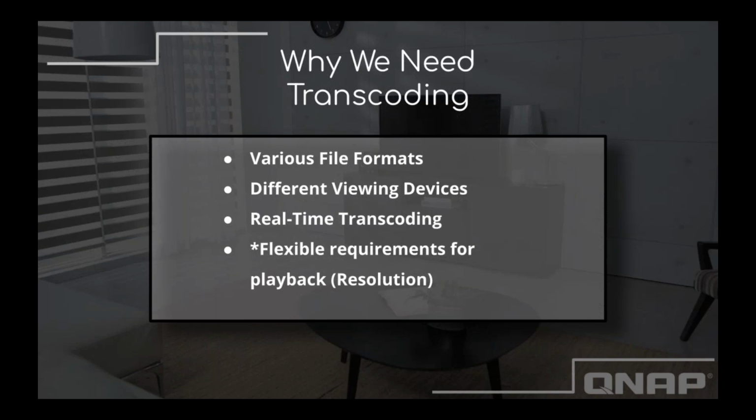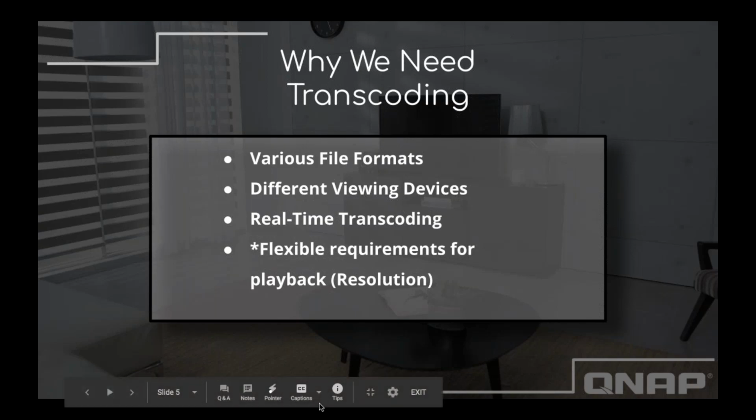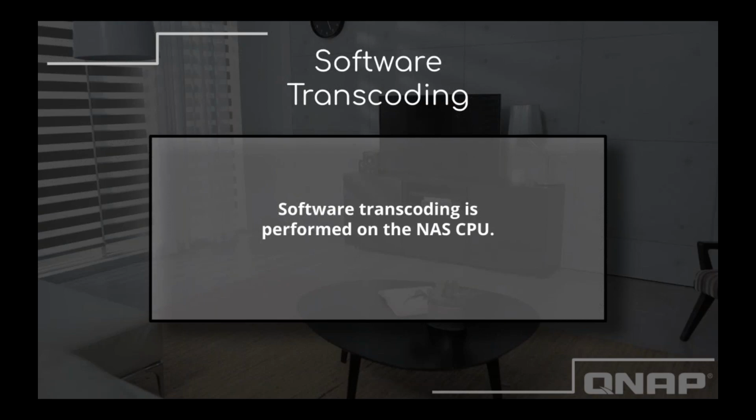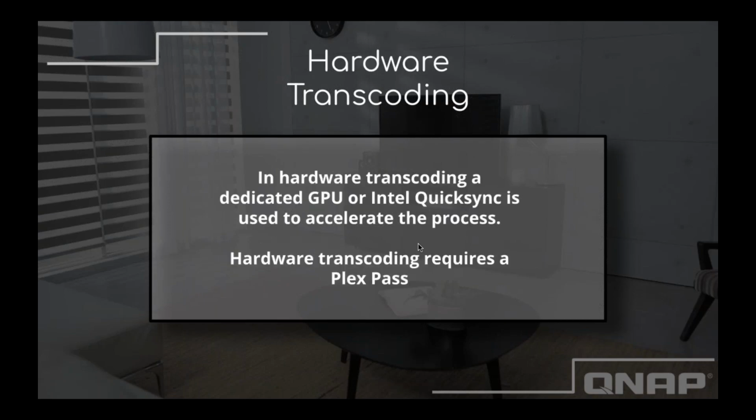With transcoding, you have both software transcoding and hardware transcoding. Software transcoding is performed on the NAS's CPU, the general overall processor for the NAS. With hardware transcoding, a dedicated GPU or something like Intel Quick Sync is used to accelerate the process.